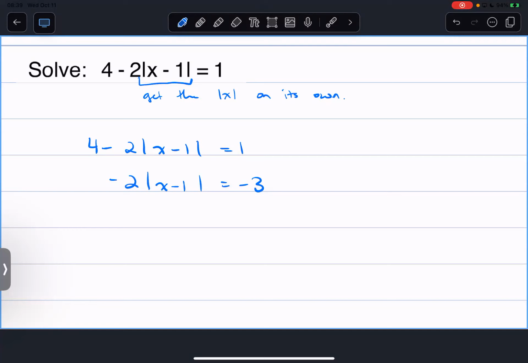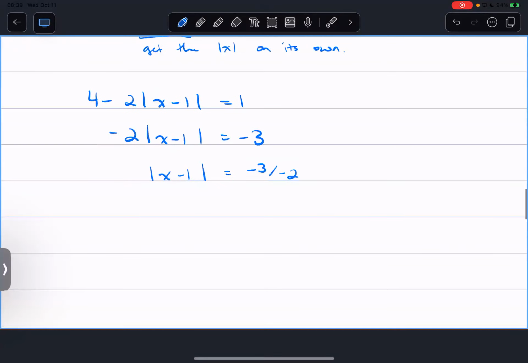Divide both sides by negative 2. Those negatives are going to cancel. Absolute value of x minus 1 is negative 3 divided by negative 2, which means that the absolute value of x minus 1 is 3 over 2.